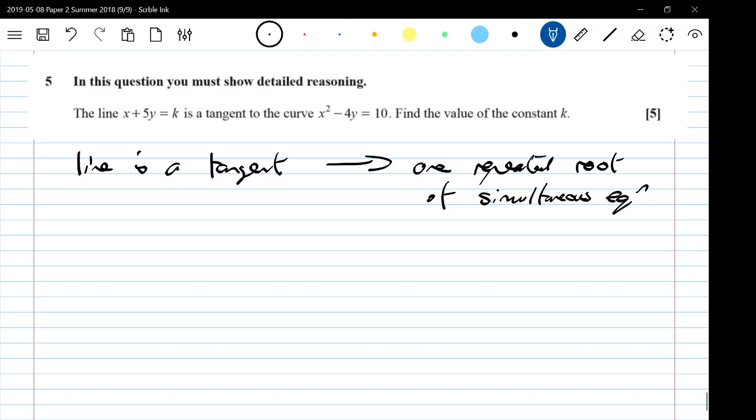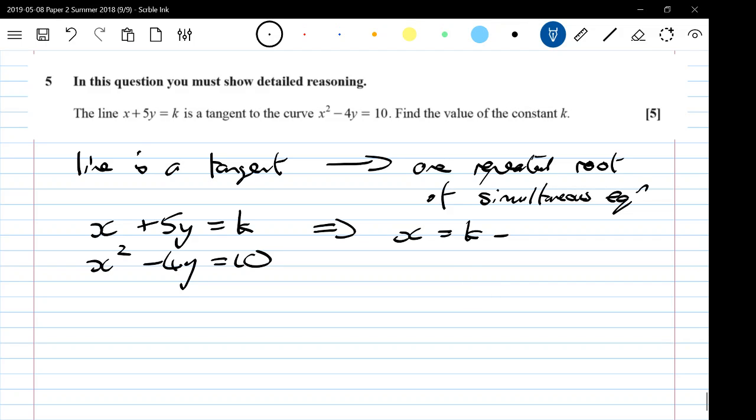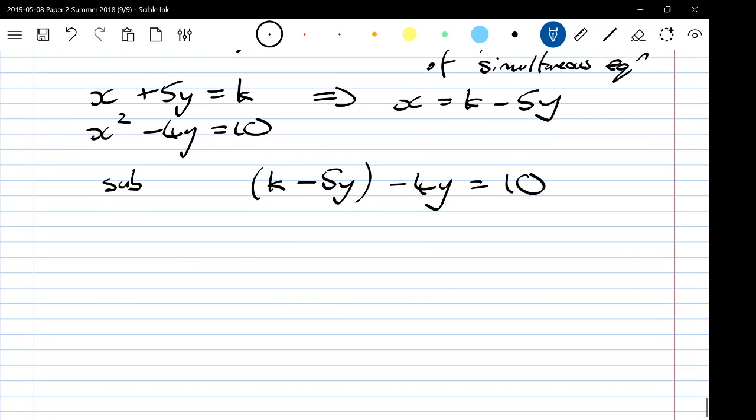I think looking at this equation here, x plus 5y equals k and x squared minus 4y is 10. If I'm going to do simultaneous equations on that, then I'm going to say the first equation tells me that x is k minus 5y, and I'm going to sub that into the second equation to get k minus 5y, that's squared, sorry, it was x squared.